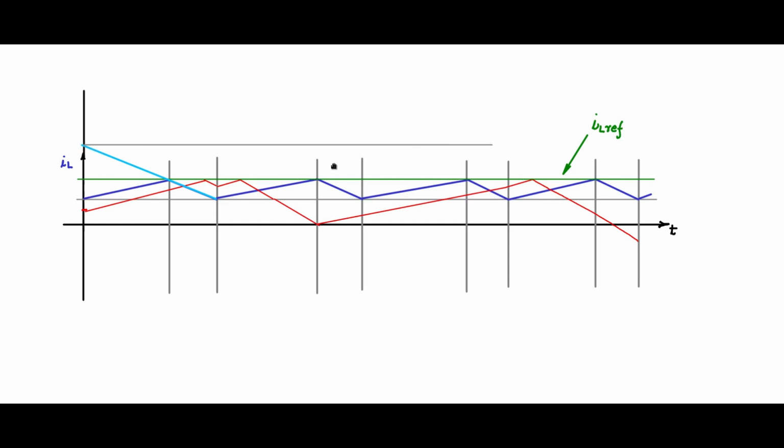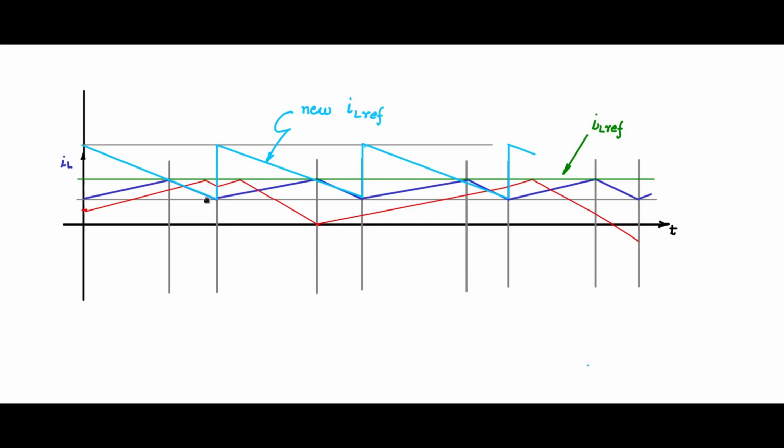So using that as a marker, let me repeat the same slope line for the next time period, then the next time period too, and so on. Now this sawtooth type of waveform will become the new IL ref.